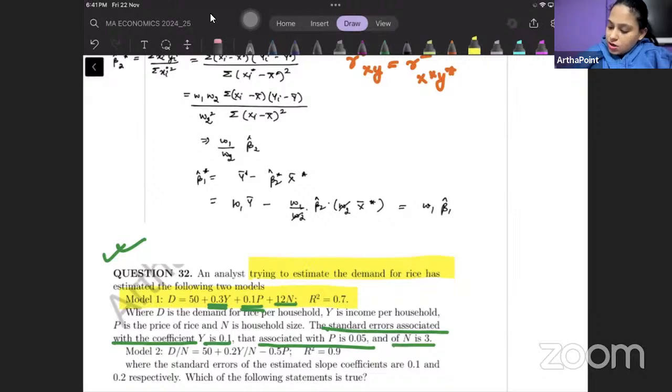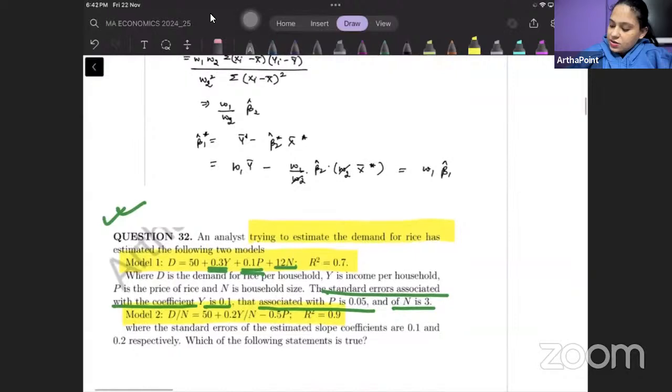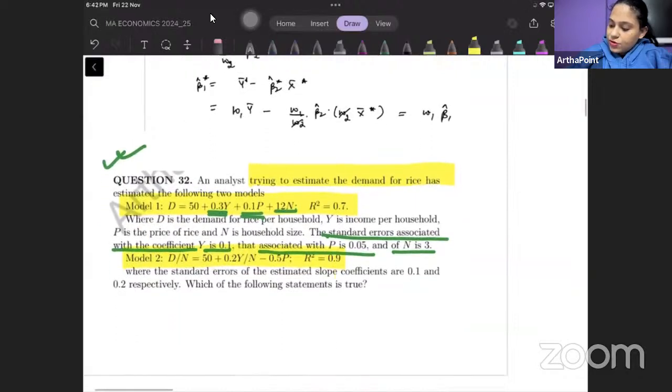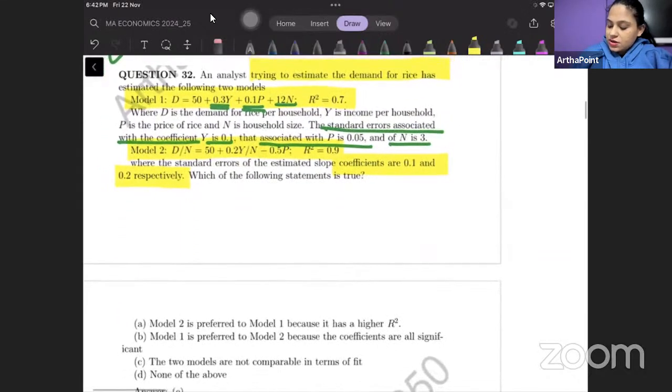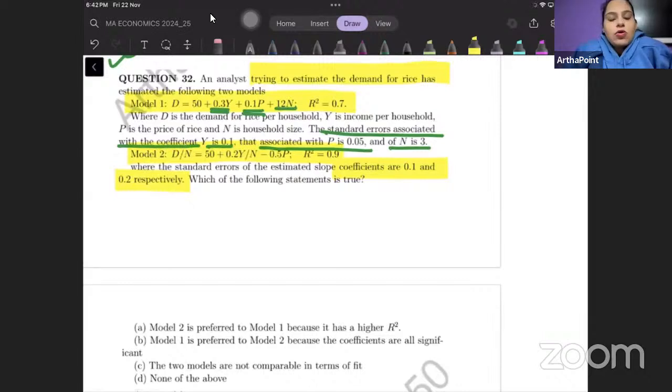You're given another model, right? And you're given its slope coefficient standard errors. And it is asking which of the following options is correct. Try to do this question.